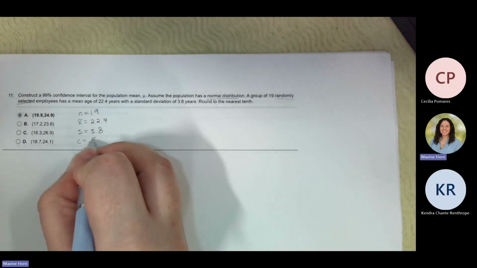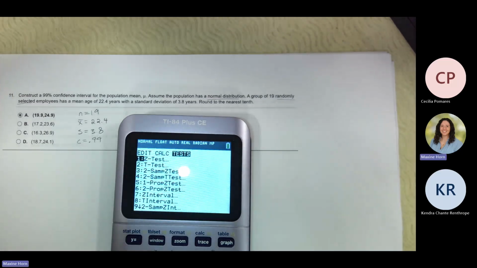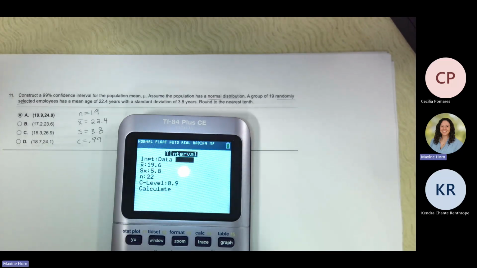Confidence level of 0.99. So again, plug and chug, right? We know that instead of a population standard deviation, we have a sample standard deviation. So that tells us we're going to be doing our T interval. So we do stat, test, number 8, T interval, and plug in what we have.